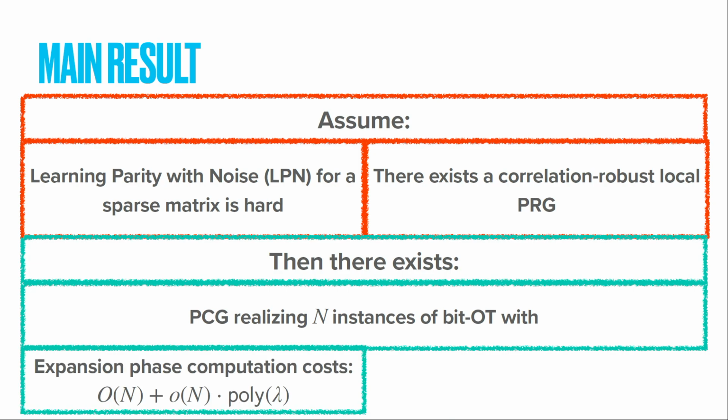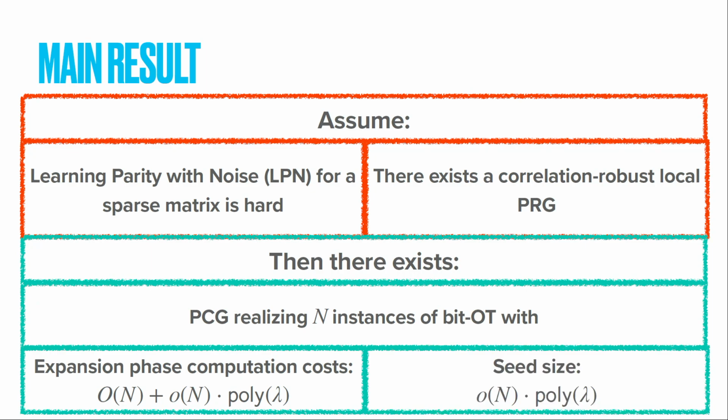A lot of the work that we put into this construction was getting the expansion phase computation cost down to being linear in n. This is how we end up getting the constant computational overhead in the resulting 2PC protocol. Also, as in any non-trivial PCG construction, you get sublinear seed size. This is the main result that we have to offer.